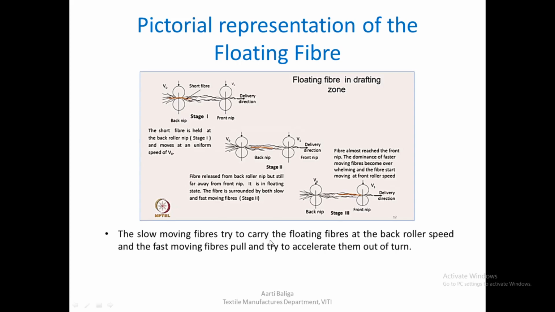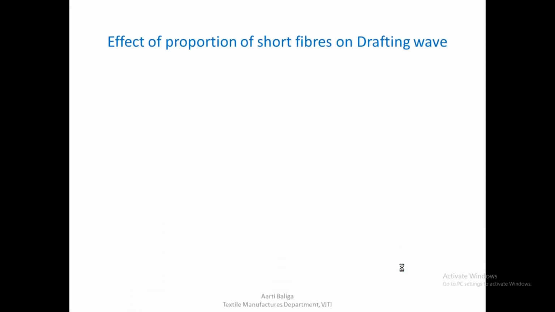The slow moving fibers try to carry the floating fibers at the back roller speed, while the fast moving fibers try to pull them or accelerate them out of turn. This makes the movement of the short fibers very erratic, and this will lead to mass irregularity.